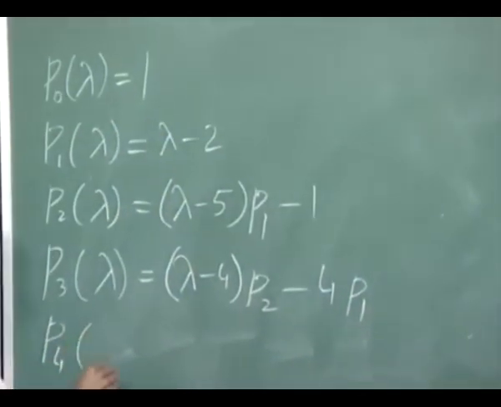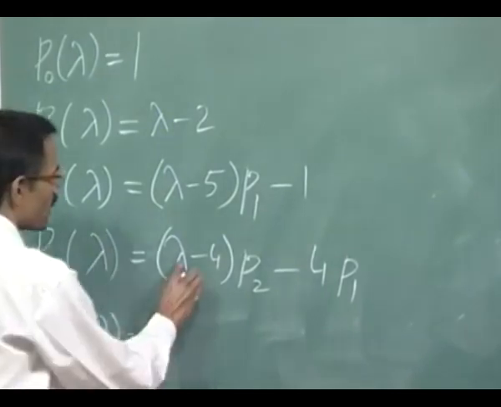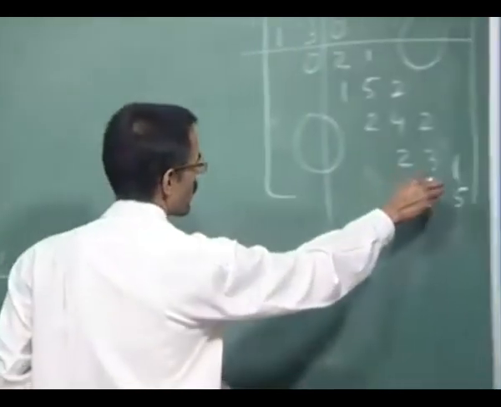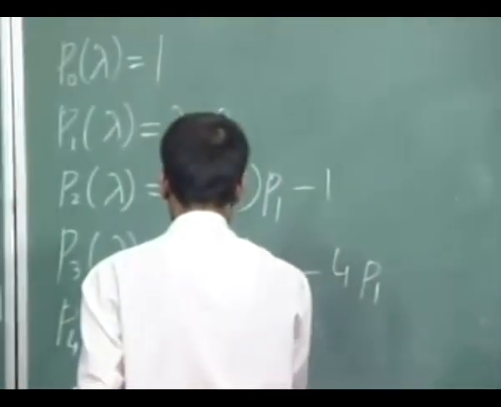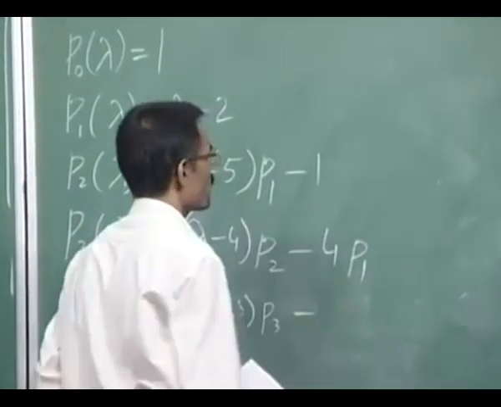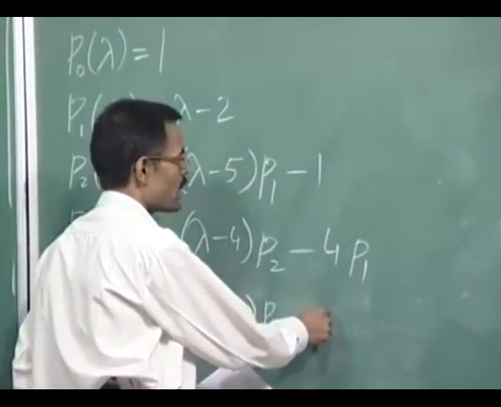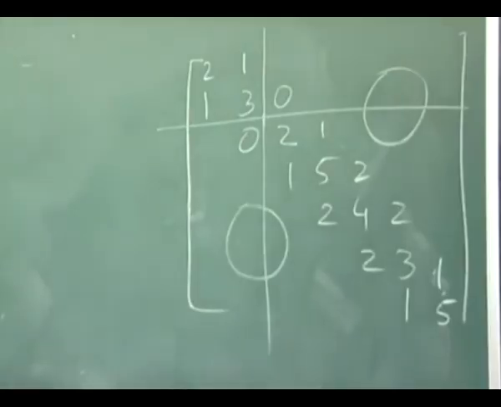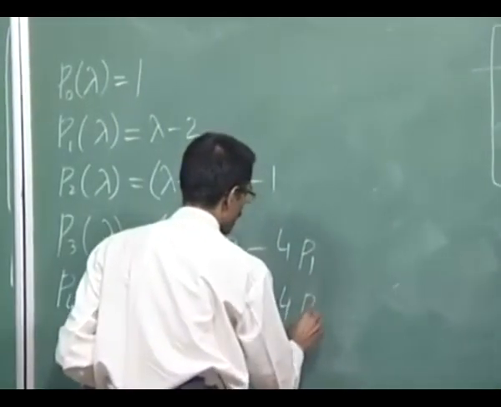Then P4 will be lambda minus D4 into P3 minus E4 square, E4 is 2, into P2.